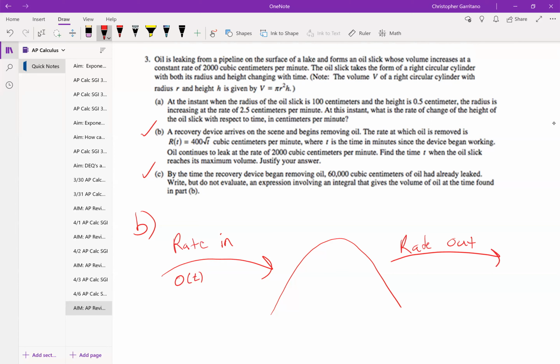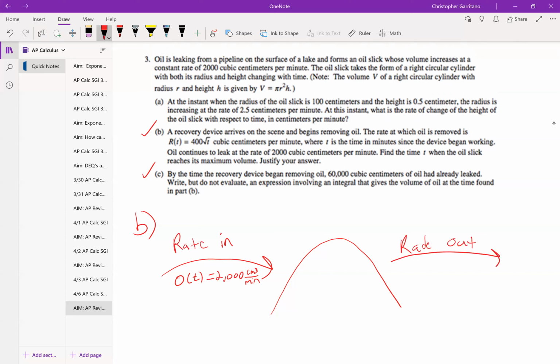So the rate that the oil is going into this pile is 2,000 centimeters cubed per minute. And obviously that's causing the pile to increase in size.